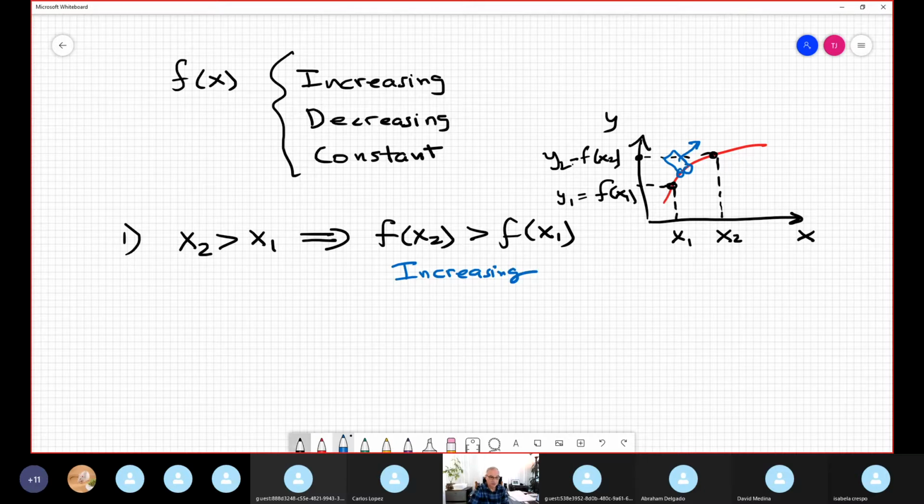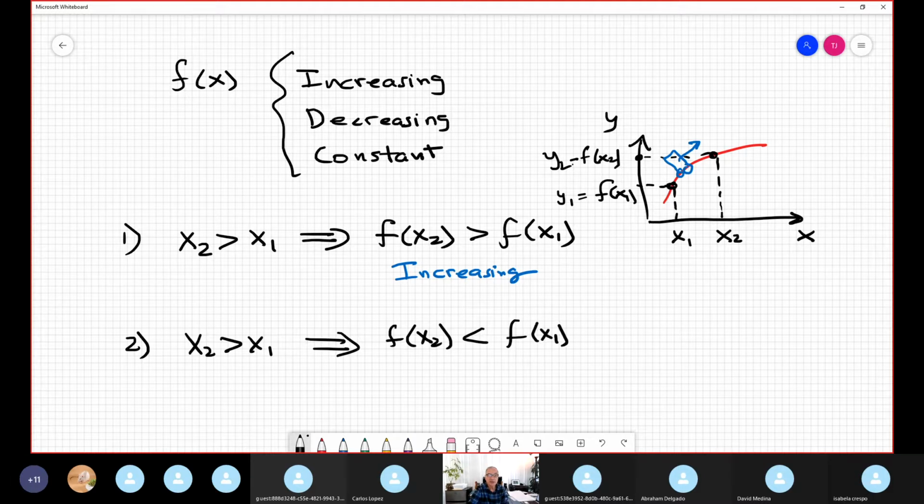Number 2, the same condition, you pick x2 bigger than x1. However, something weird happens: f of x2 is smaller than f of x1. This is decreasing. Let me show one picture for the decreasing. Suppose a function like that.